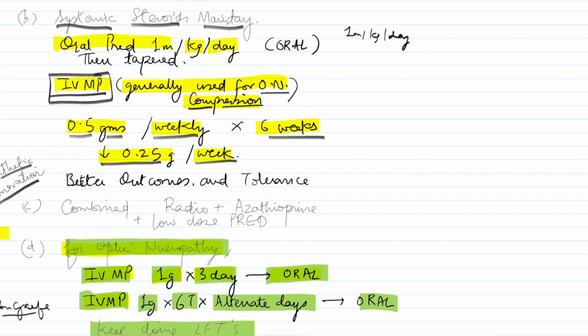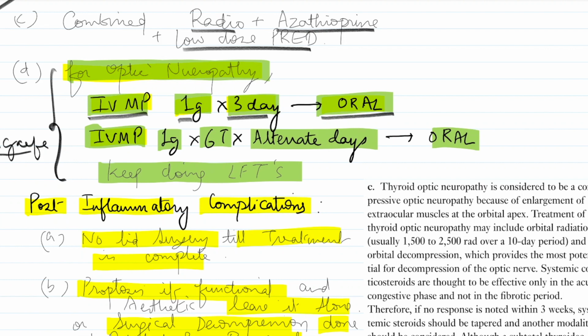Then combined radiotherapy along with azathioprine and low dose pred could also help. When I say pred, I mean prednisolone. So this is a regimen for optic neuropathy. If the patient has optic neuropathy, you can go for IVMP, meaning intravenous methylprednisolone, 1 gram for 3 days.